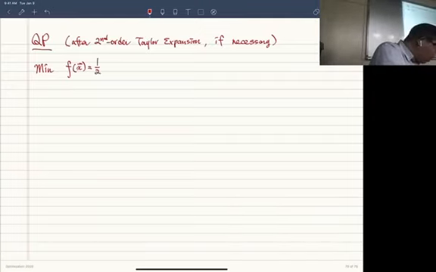C will be your gradient vector, because in your Taylor expansion, the coefficient for your first order term is the gradient.